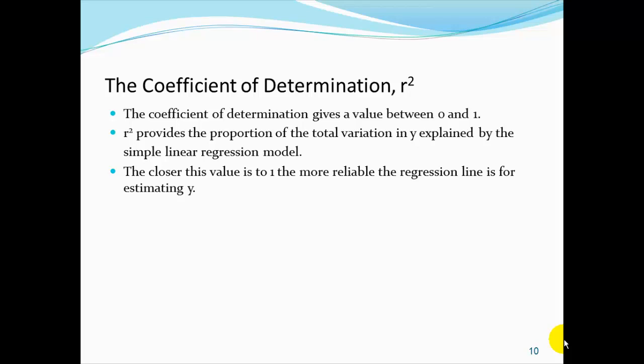The closer this value is to 1, the more reliable the regression line is for estimating y. Therefore, we often say that the coefficient of determination helps us to determine how reliable this line is if we actually used it in order to estimate our dependent variable.